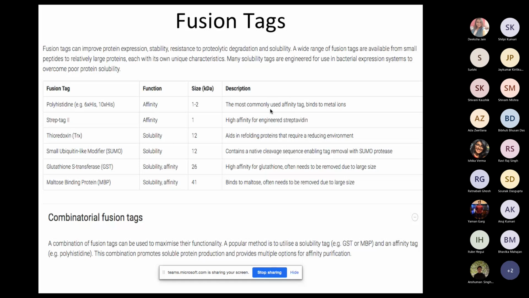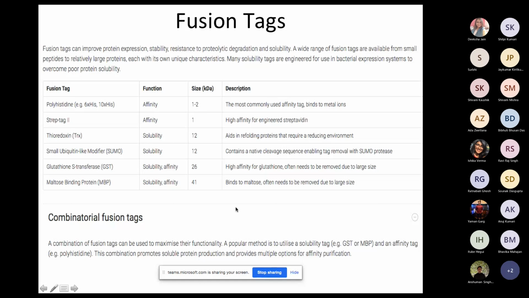There are many labs and many commercial vectors which are available, which will have two different fusion tags. Then this example is given, a combinatorial fusion tag, in which you add two different tags, one which improves the solubility and one which increases the affinity.